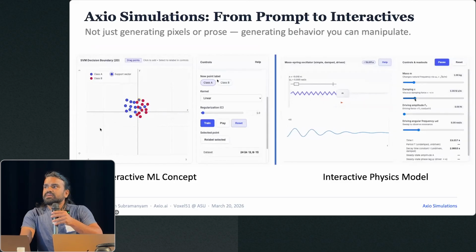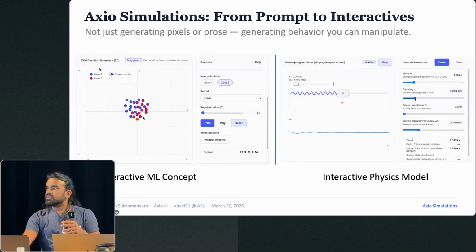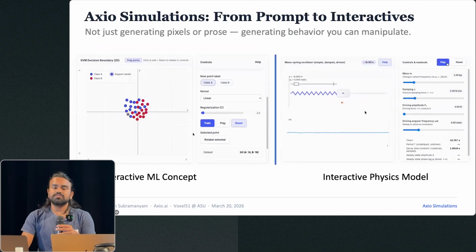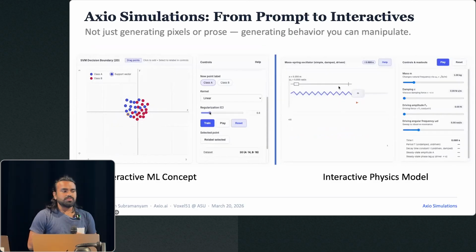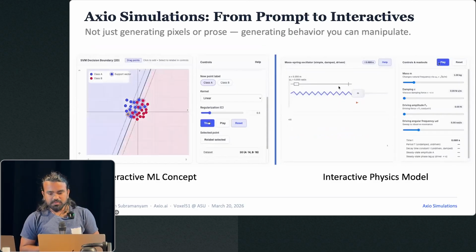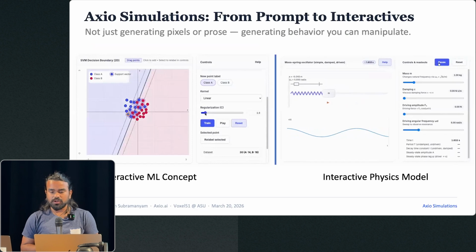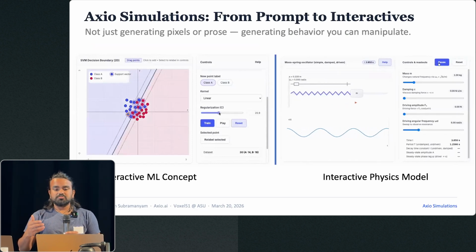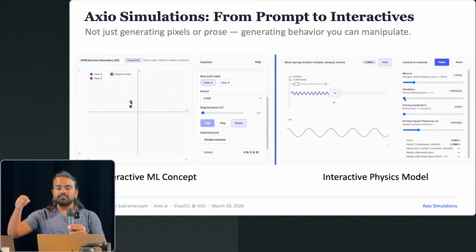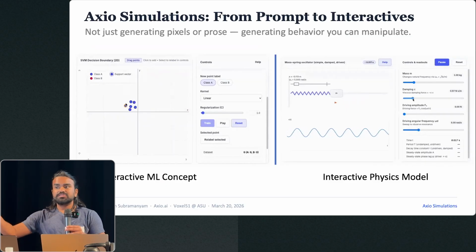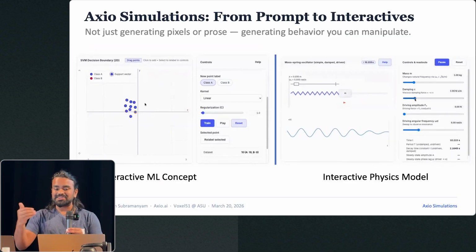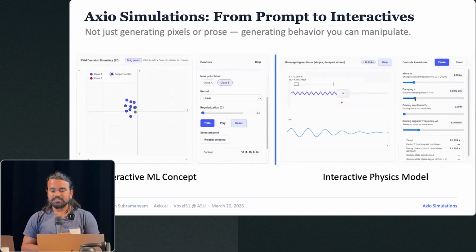This one is an interaction that explains what an SVM decision boundary looks like. And this one is an interaction that was created to show a mass spring collision oscilloscope. We kept extending this and seeing what more it can do. We are able to generate timelines, graphs, plots, just by this iterative evolutionary prompting. It is pushing the manifold. We are still discovering new things that we're able to do.